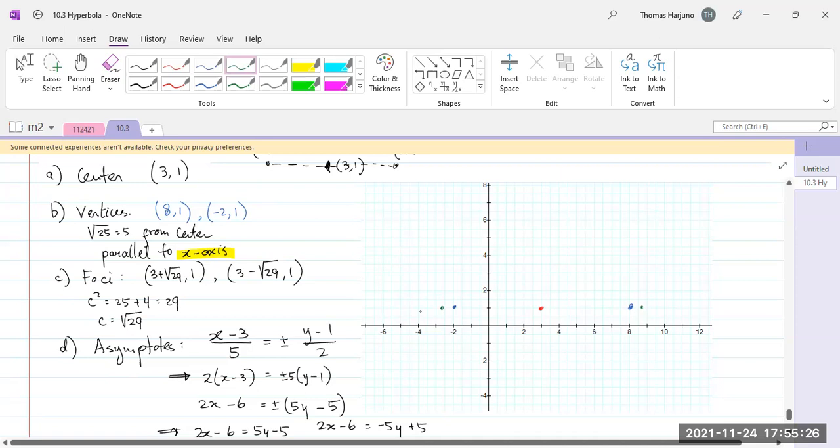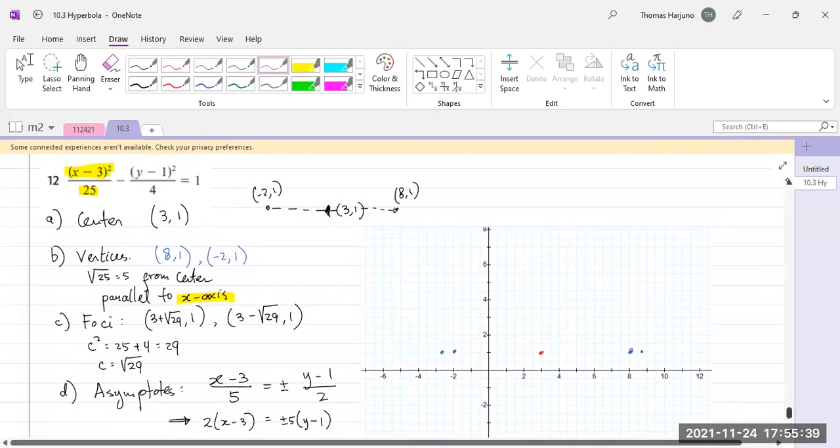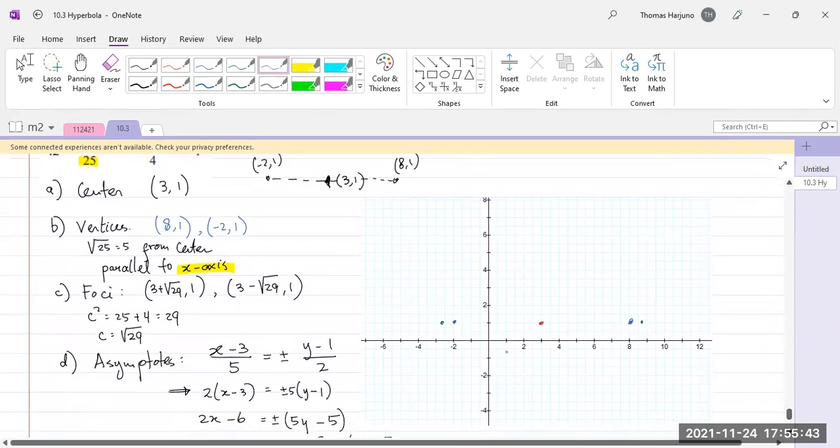Now, how do we draw the asymptotes without getting into that? Sketch the rectangle. The rectangle is 5 units left and right, and 2 units up and down.